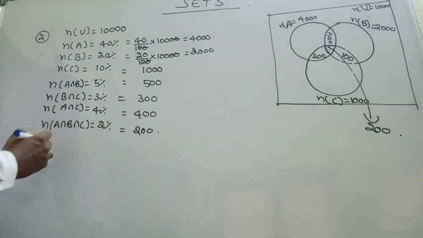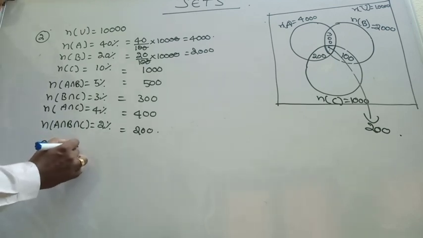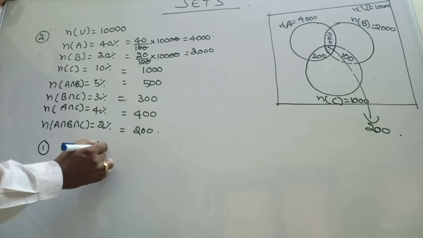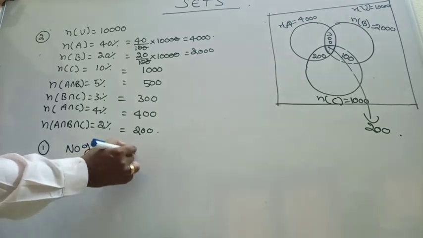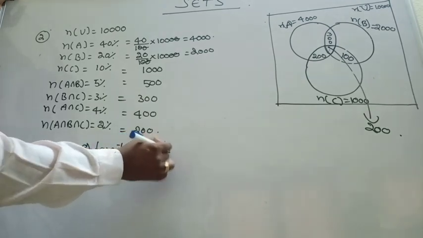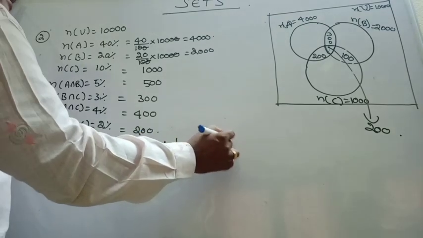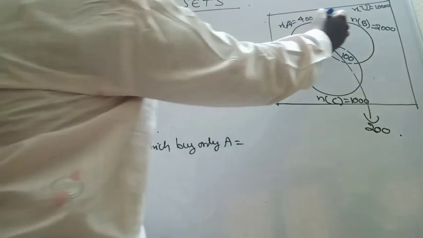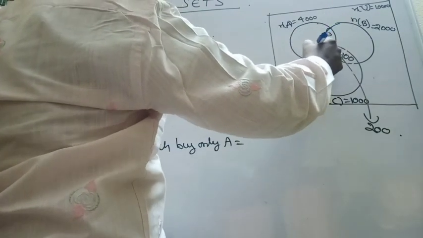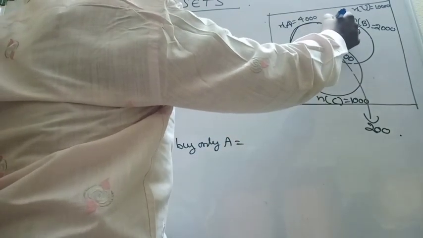The first question they have asked is to find the number of families which buy only A. Only A is this part, my dear students, this kidney shape.